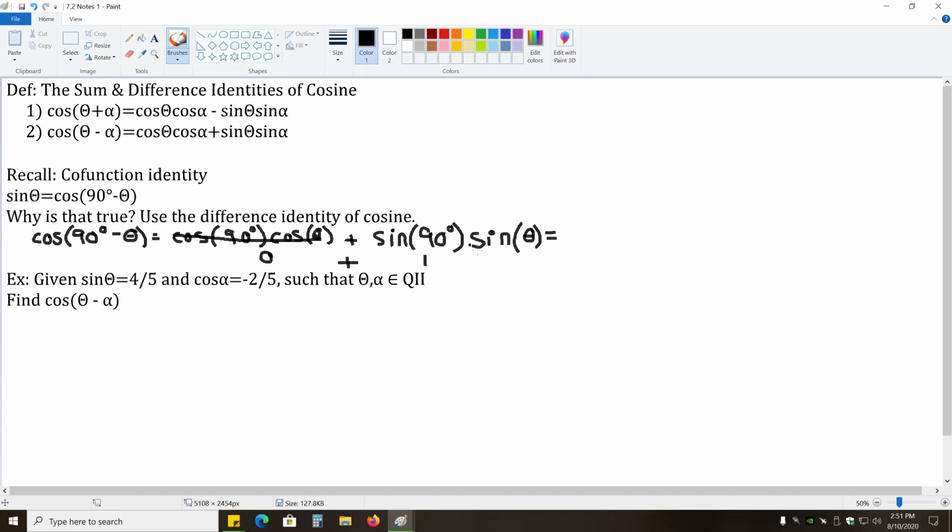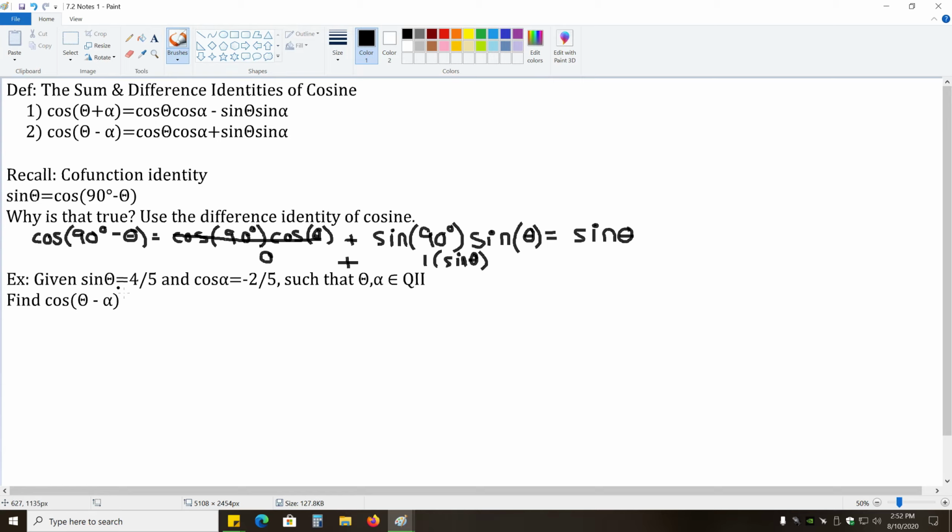So we get 1 times sine of theta. So in total we have 0 plus 1 times sine of theta, which just gives us sine of theta. And this is our proof for the cofunction identity we had in the past. Sine of theta equals cosine of 90 degrees minus theta.